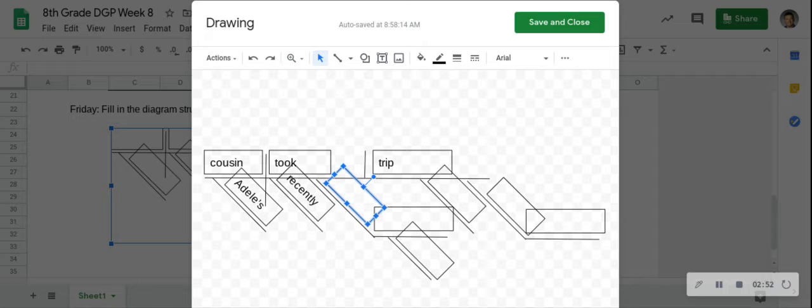No, because what does our prepositional phrase start with? Prepositional phrases start with a preposition. What is our preposition, Alex? On. Okay. On.